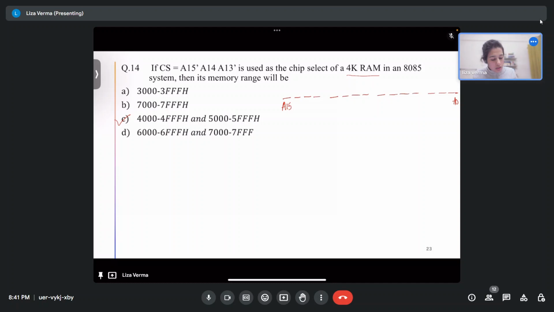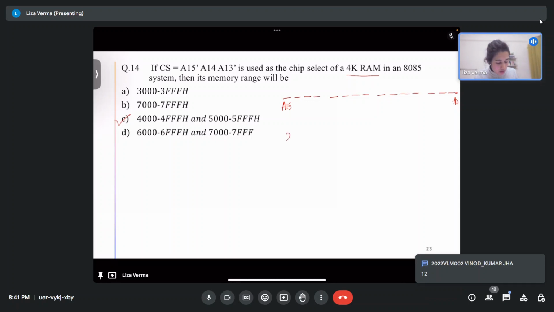For the 4K RAM, first of all, we need to know how many addresses there will be in a 4K RAM. 4K means how many memory locations will be in this RAM? 12-bit, right?